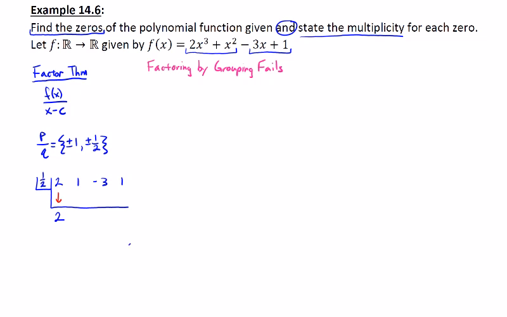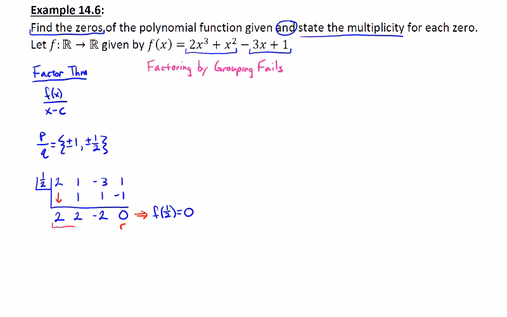1/2 times 2 will get 1, 1 plus 1 to get 2, 1/2 times 2 to get 1 again, -3 plus 1, -2, 1/2 times -2, -1, and then we add there at the end and we get 0. So that's what we're looking for. That's our remainder. That tells us that f of 1/2 is equal to 0.